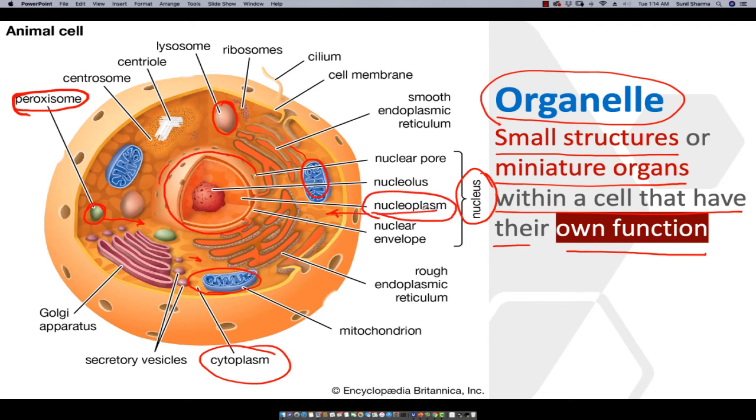This is protoplasm itself, but that portion is called nucleoplasm. And so again, all this variety of organelles have a variety of functions. And just to mention, the mitochondrion is an energy organelle within the cell.